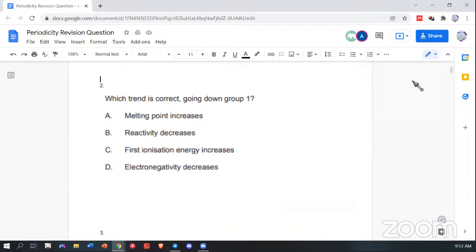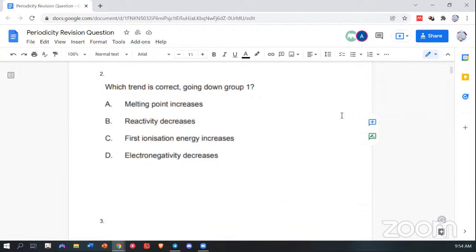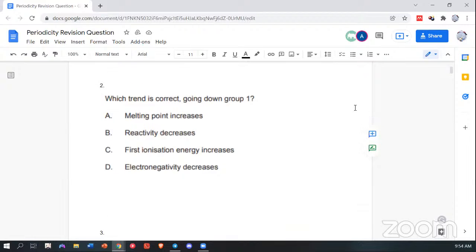Okay, so kalau kita nak cakap pasal shielding tu, dia ada satu saja, tapi down the group shielding dia tu makin bertambah. So nuclear charge tu kita panggil konsep.